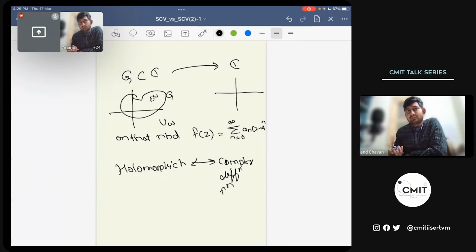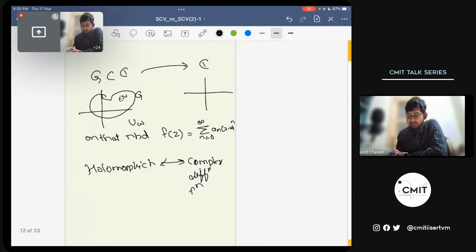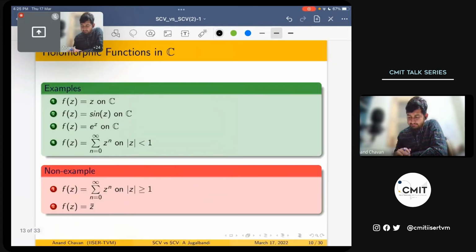But before that, let's see some examples of holomorphic functions in the complex plane. The first function, f of z equal to z. For a function to be holomorphic, I need to write this function in a power series representation. This function is already written in a power series expansion. To see this, the sum of a_i z raised to i, i equal to 0 to n.